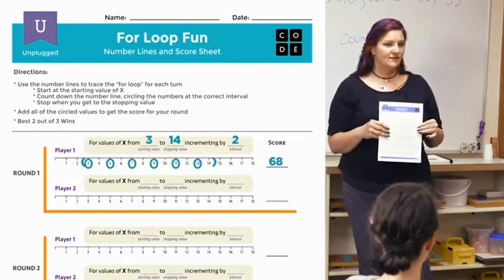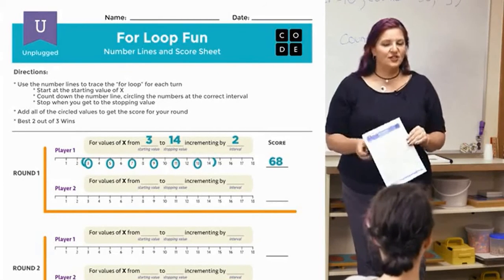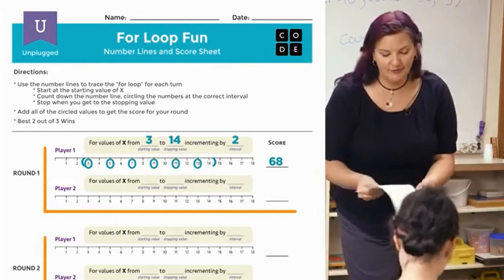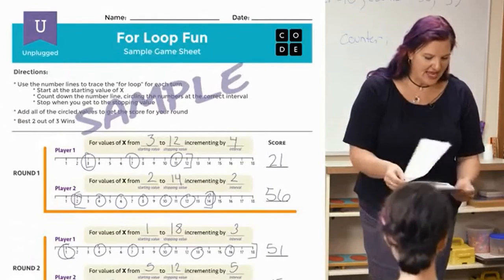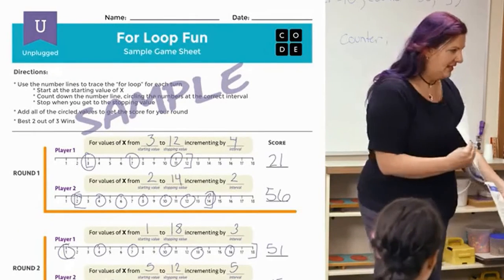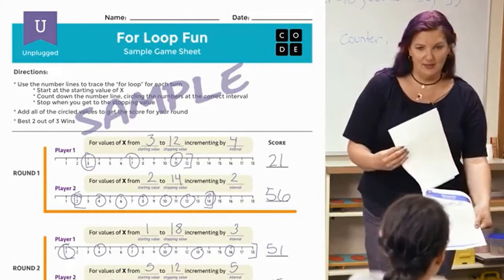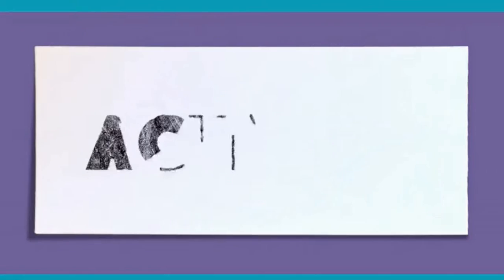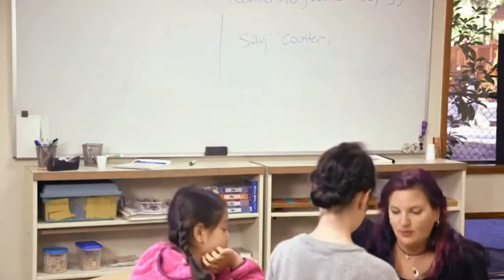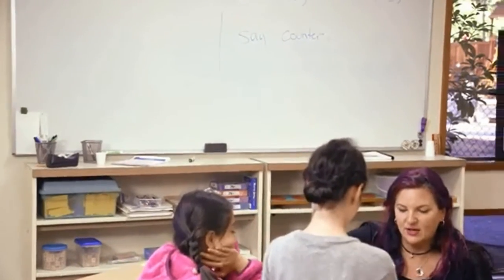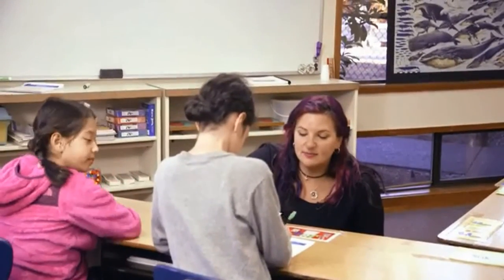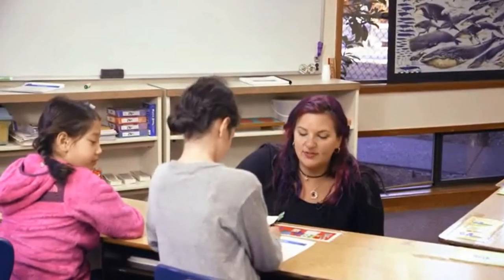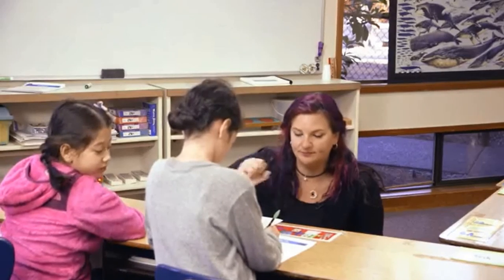Okay? All right, so let's try this, and I'll come around and help on the first round. There are three rounds you get to play, and there's an example if you want to see how other people play it. Okay? So you're going to do your first roll. Here, take this. Okay, so write a 4 there, and then make a little bracket around the 4 so you know that's where you're starting.